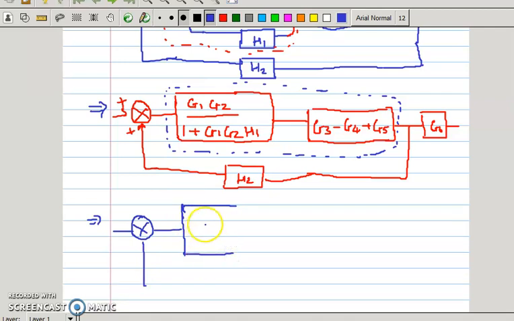When both blocks are in series, it is G1 G2 divided by 1 plus G1 G2 H1, into G3 minus G4 plus G5, right?